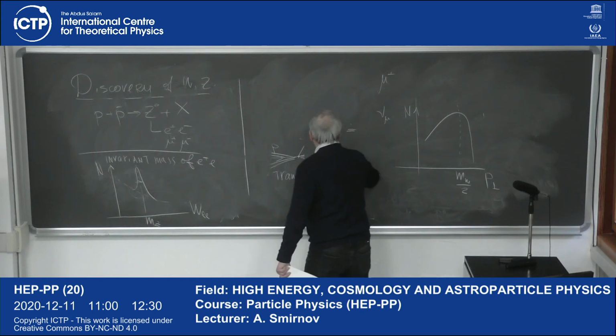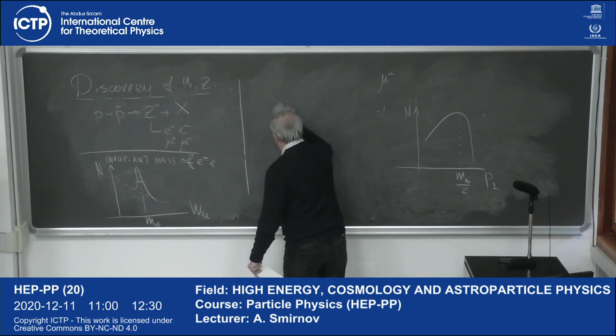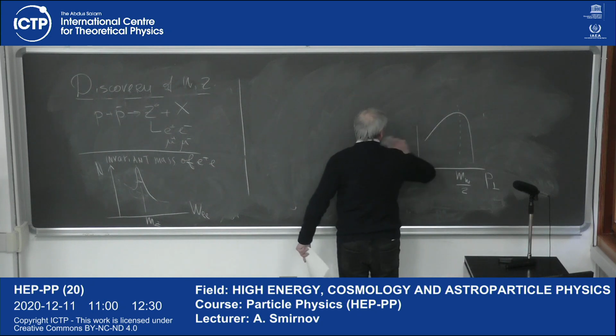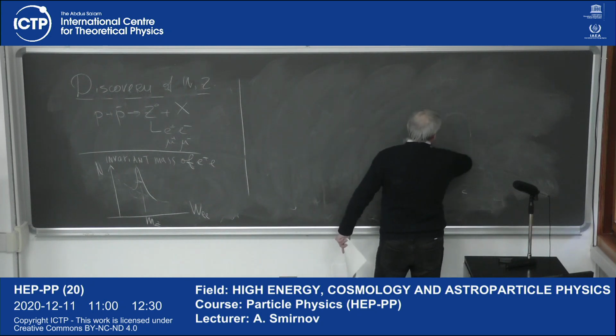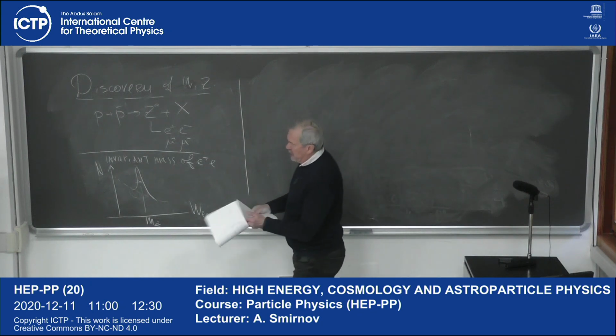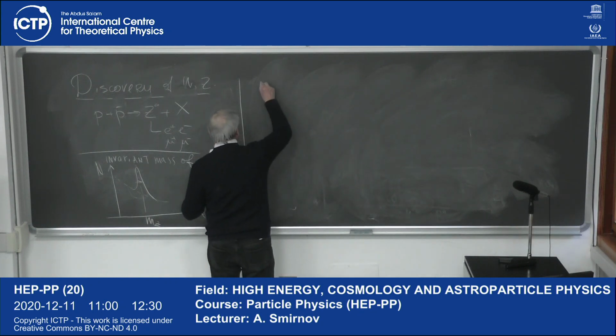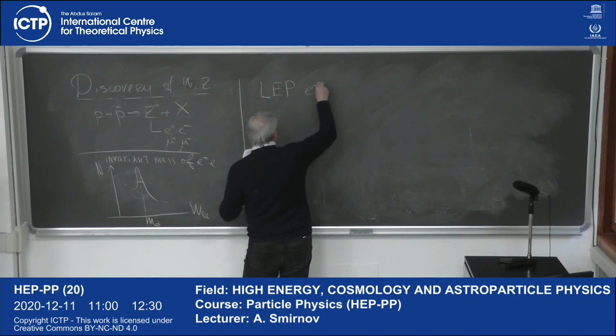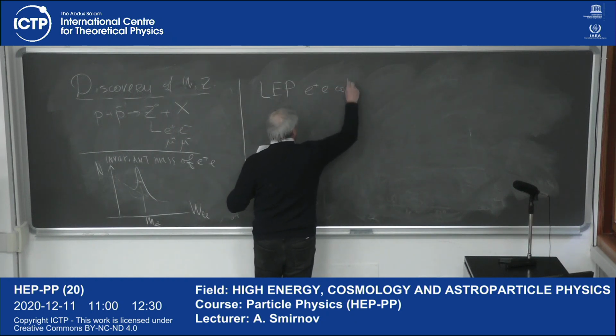So later, the LEP experiment, which is an electron-positron collider in the same ring where the LHC is running now. So that was an e plus, e minus collider.